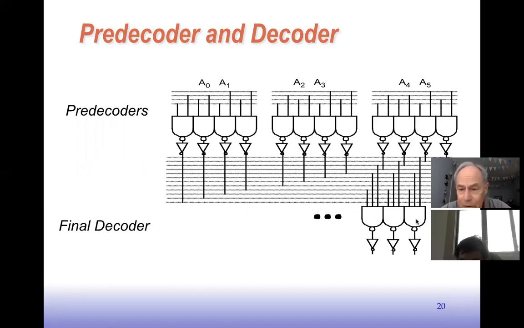So each output is a unique combination of the pre-decoded values. And so this is simpler here. We only have 3 input NAND gates, and we have a lot fewer gates because we share these pre-decoded values among all the gates of the final decoder.